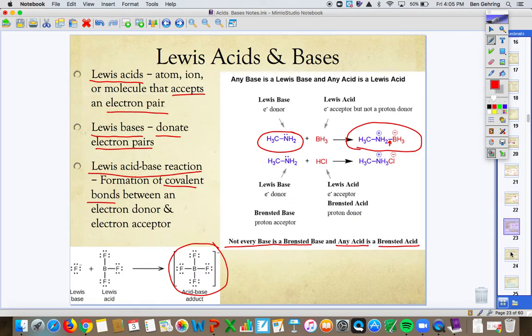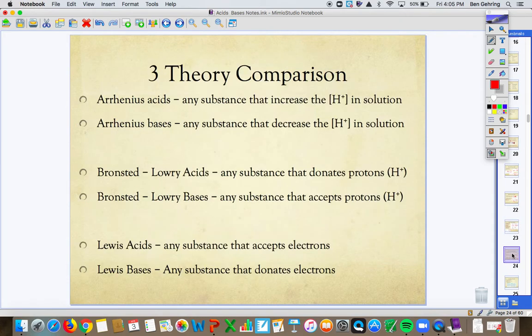Okay? And then, to summarize, these are the three. Your Arrhenius acids are anything that increases your hydrogen concentration. So if you want to write down just your three, make a list. You have acids, and you have Arrhenius: increases hydrogen concentration.